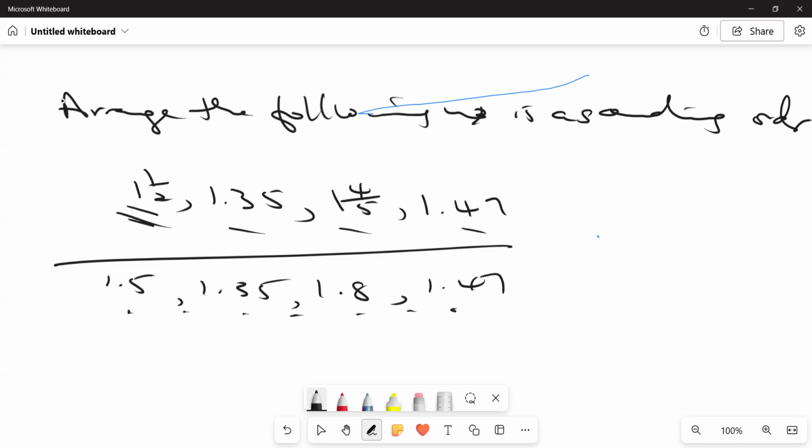They all have 1 on them, but the smallest number here is a 3. So you get 1.35 is the smallest. Then I think it's 1.47, then the 1.5, and then the 1.8, right? So from the lowest to the highest.